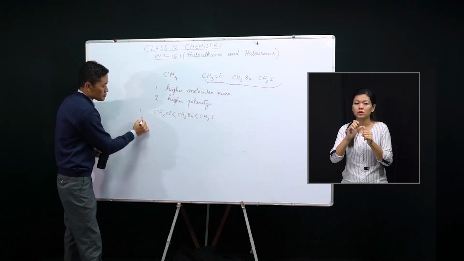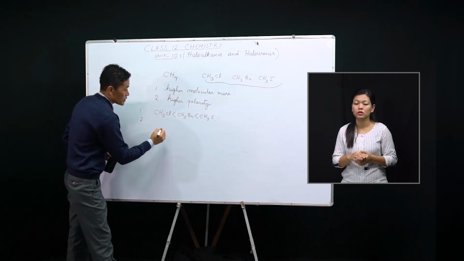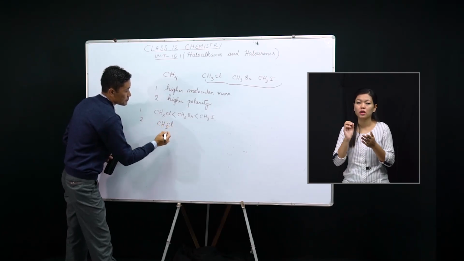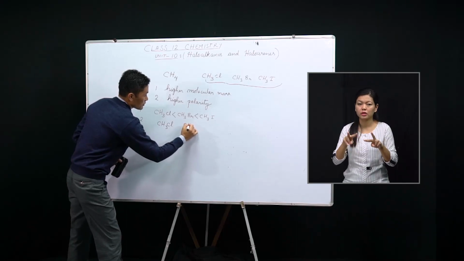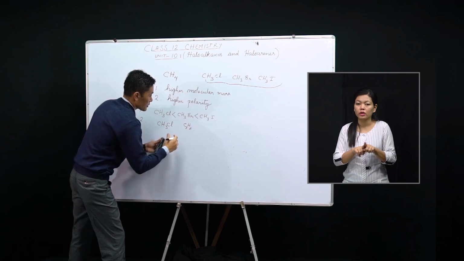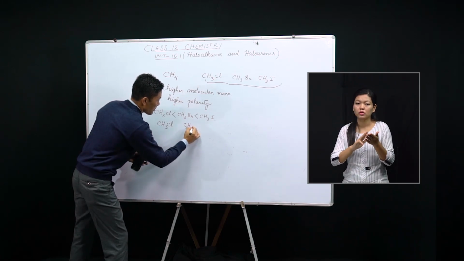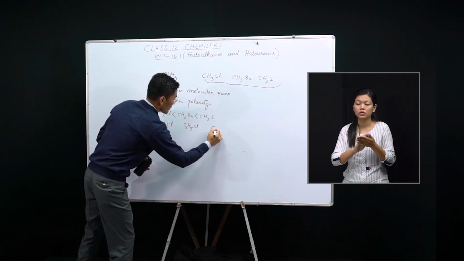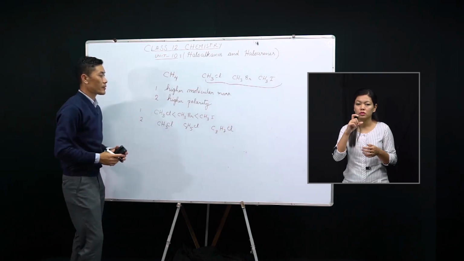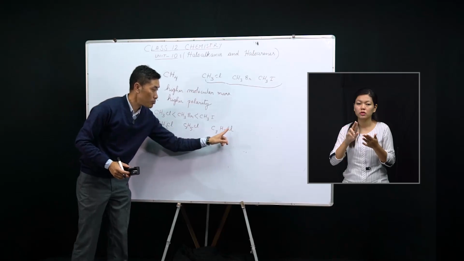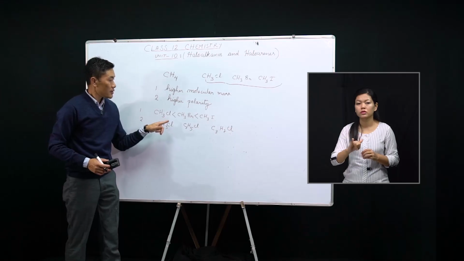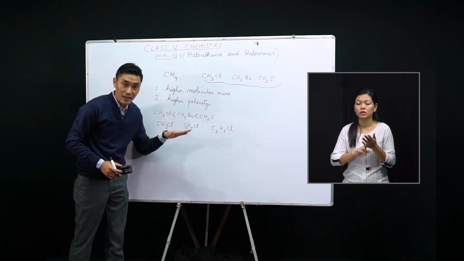The second one, if we have the same halogen atom but different alkyl groups, suppose we have chloromethane, then chloroethane, then chloropropane. These three have the same halogen atom but different alkyl groups. In such cases, the boiling point will depend on the length of the carbon chain.